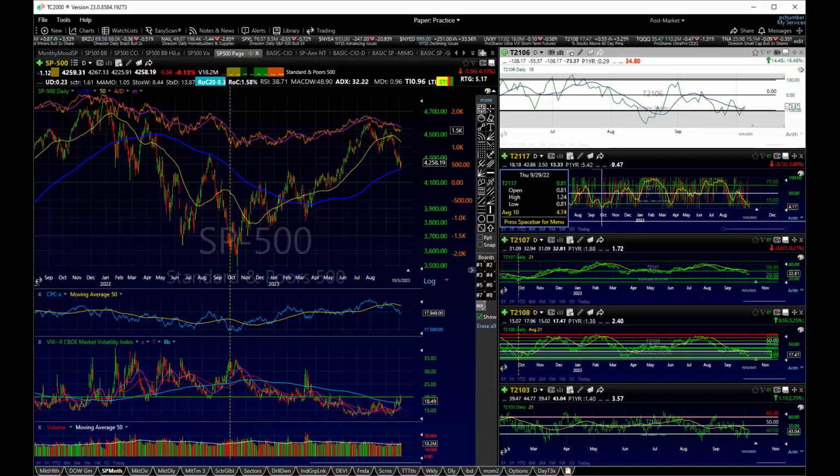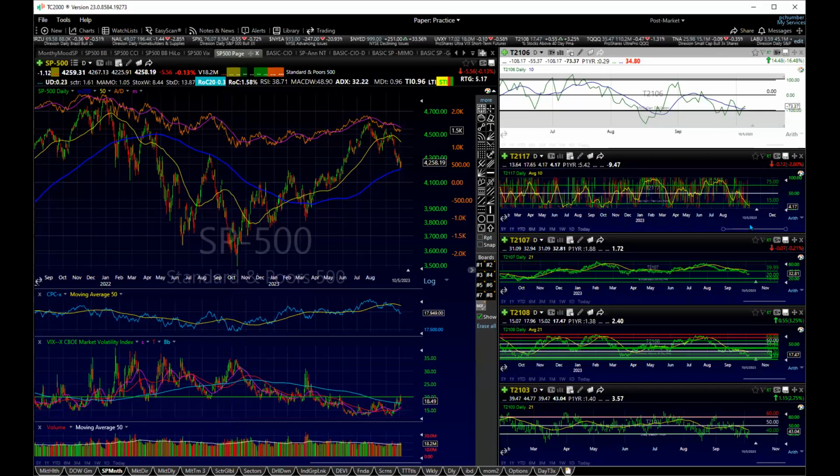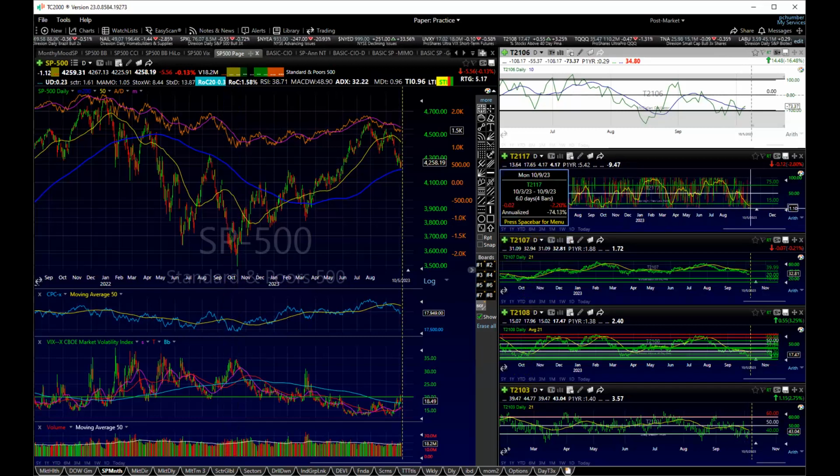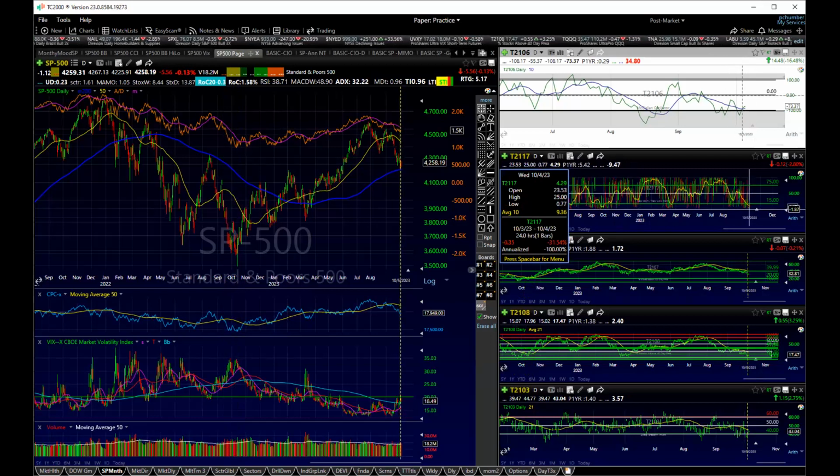Then if we go over to October, we can see how that helped us at least pinpoint a potential turn. And as we look at it now, we're in the zone for a turn.